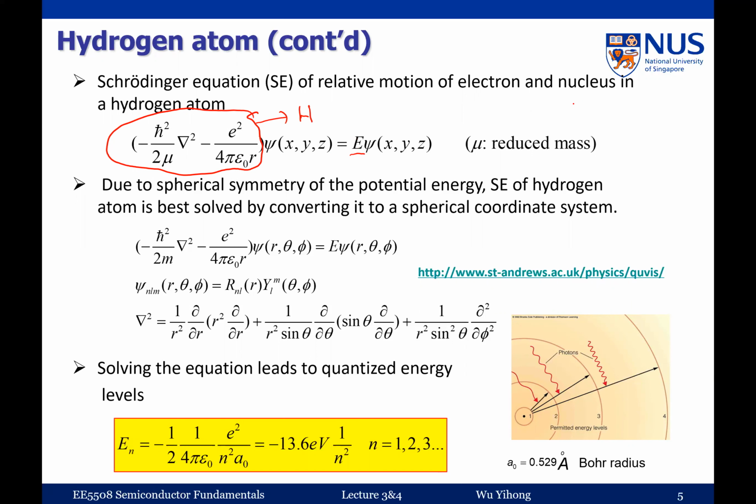The reduced mass is defined as 1 over mu equals 1 over m_e, where m_e is the electron mass, plus 1 over m, where m is the mass of the nucleus. Since the mass of the nucleus is much larger than the mass of the electron, mu is roughly equal to the electron mass. So we call it the reduced mass. And then h-bar is the Planck constant, and del squared is the del squared operator, which I already talked about. And this part is due to the potential energy.